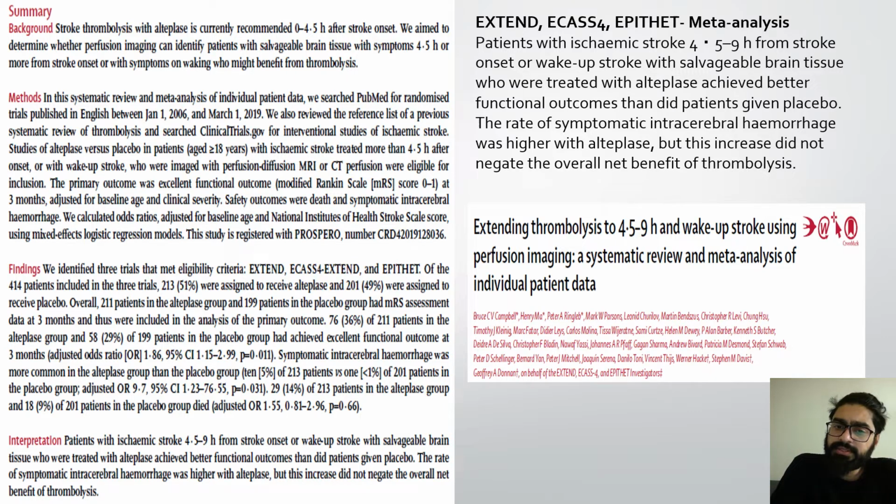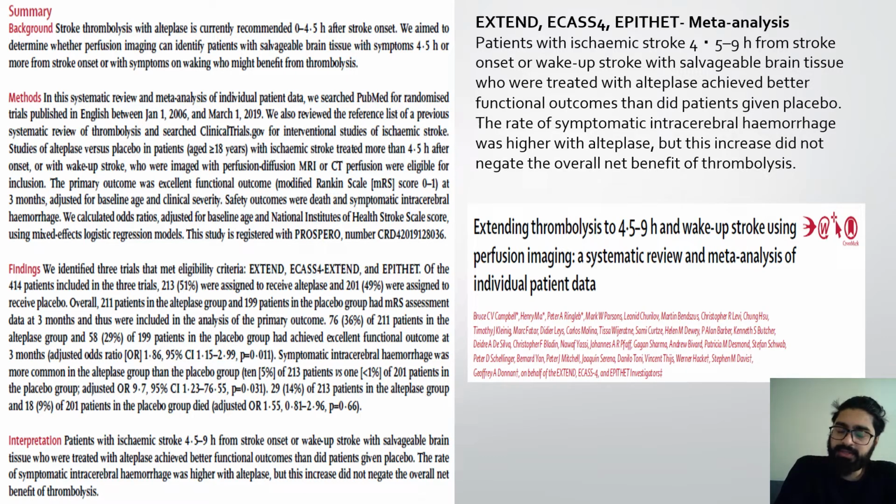So then there was another study which was actually a meta-analysis, which included these three very interesting trials: Extend, ECAS-4, and EPITHET. The meta-analysis title was Extending Thrombolysis to 4.5 to 9 hours and Wake-up Stroke Using Perfusion Imaging, a Systematic Review and Meta-Analysis of Individual Patient Data.